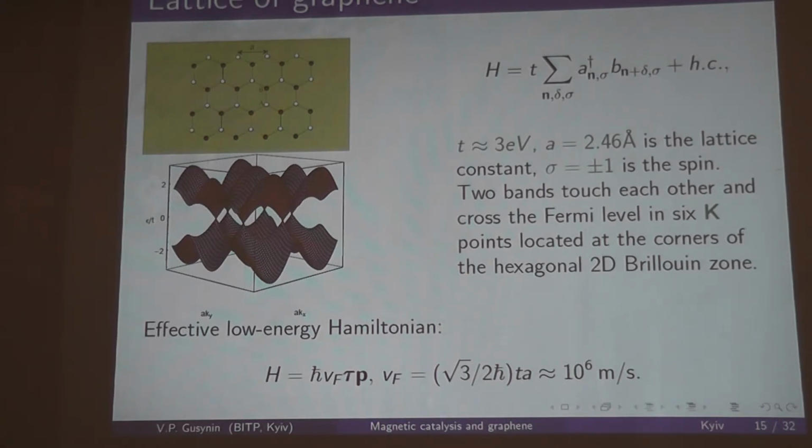So color, strong interaction, weak interaction, and electromagnetic interaction. You don't have in your Lagrangian just direct interaction between quarks and leptons.